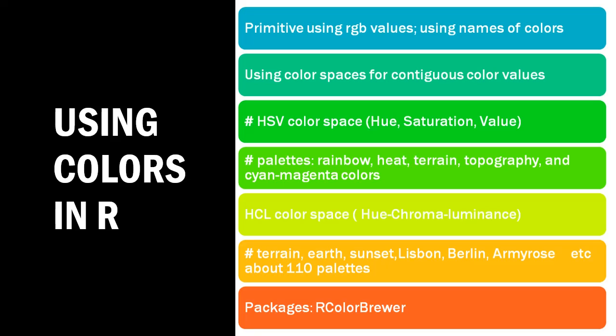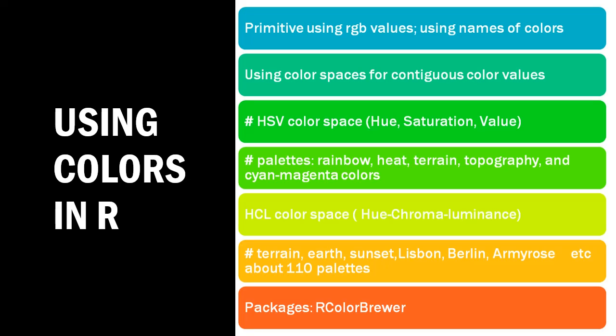When it comes to color, R allows you to use RGB values, that is 3 values for red, green and blue, or you can use the names of the colors, or you can use a color palette which can be either HSV color space or HCL color space, that is hue saturation value or hue chroma and luminance.